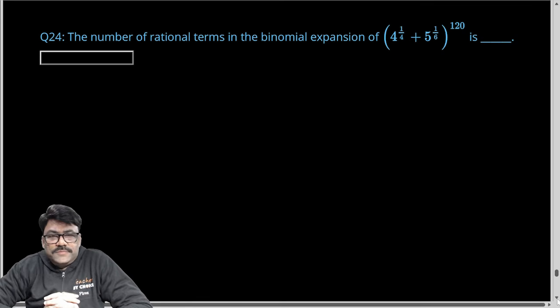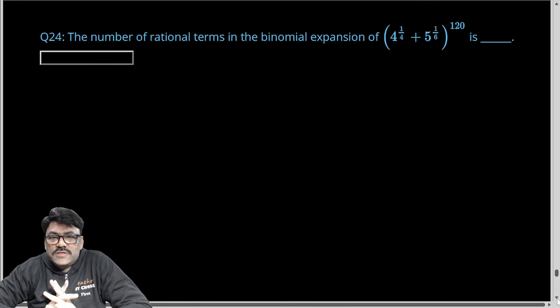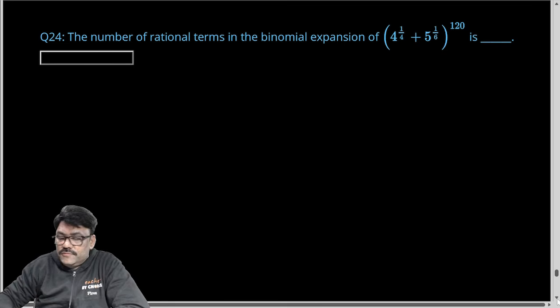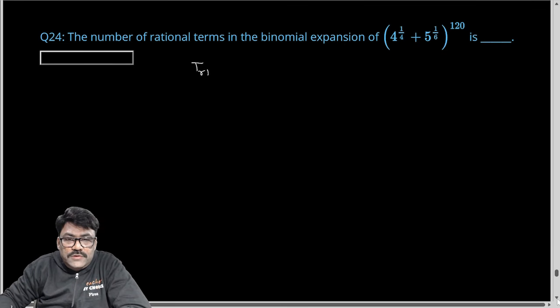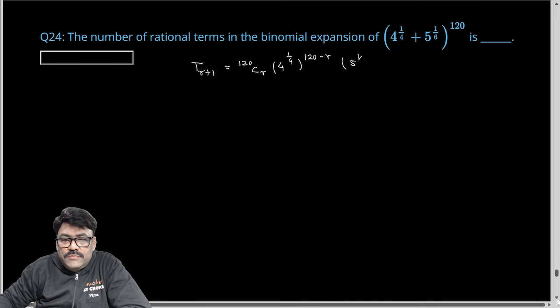Okay, see this question. This is from binomial theorem. They are asking the number of rational terms in this expansion. So let's write the general term first, T(r+1). The general term T(r+1) is 120Cr, 4 raised to 1 by 4, raised to 120 minus r, 5 raised to 1 by 6.